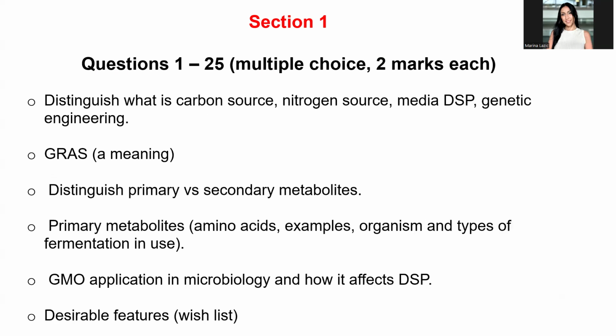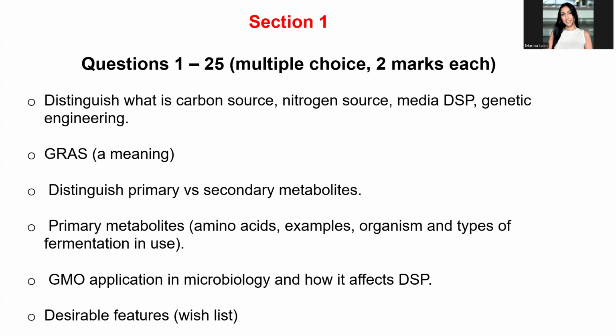Then distinguish what is a carbon source, what is a nitrogen source, what is fermentation media, what is downstream processing, and know very well genetic engineering and its influence on downstream processing. Know the GRAS status and the meaning of it. Be aware of the difference between primary and secondary metabolites, and an example.